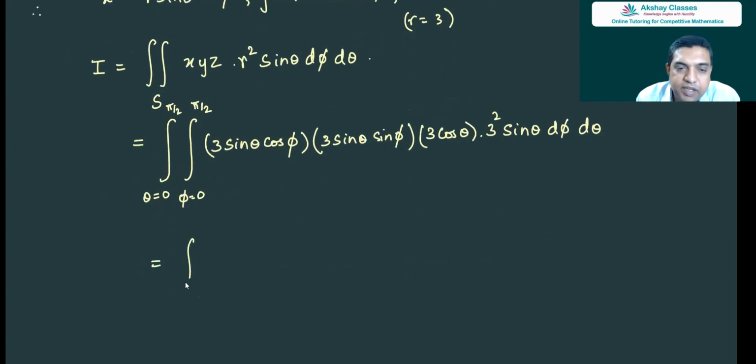So we have the integral, theta varies from 0 to pi by 2. If we take out all the 3s, we get 3 power 5 sine square theta sine cube theta cos theta.